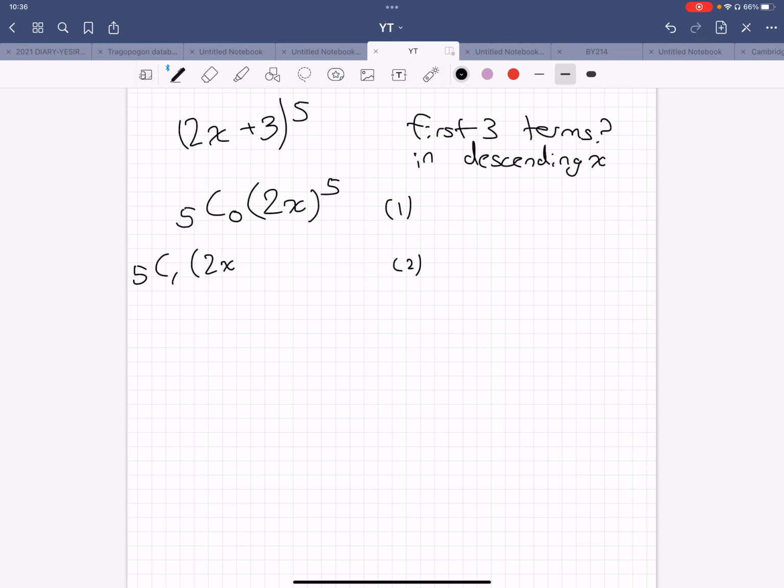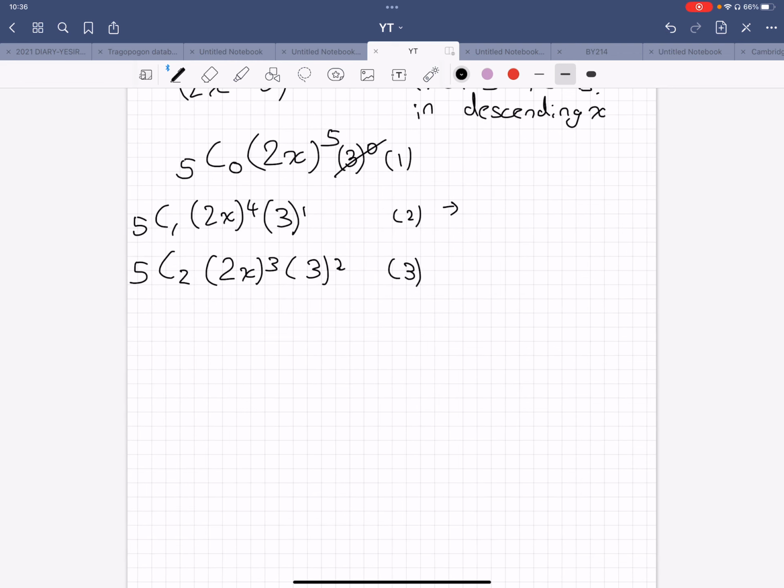So we say 2x to the 4th, and then we include this constant term now, but we were just omitting that because it's just 1. So this is 3 to the 1st, and now the third term will be 5 choose 2, 2x cubed, 3 squared. Now we've got all of our terms, we just need to simplify them.